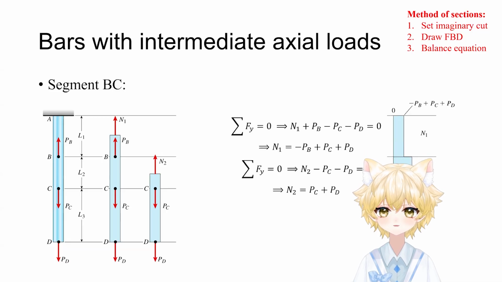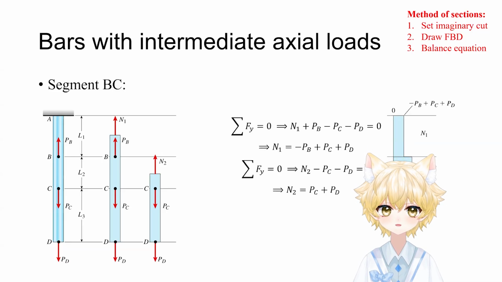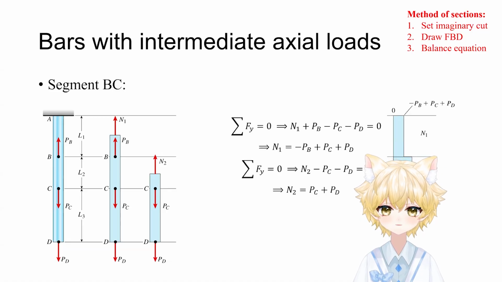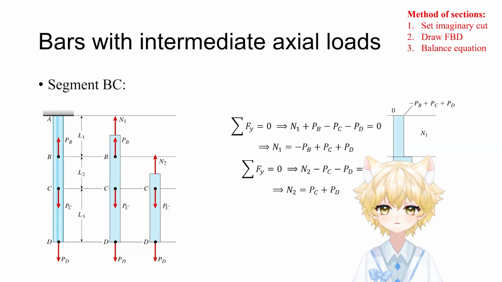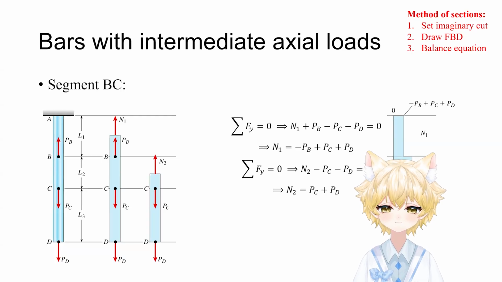We don't include it. Our free body diagram now only contains PC and PD, two external forces, right? Again, the equilibrium equation gives us N2 equals PC plus PD. It is still the sum of all the external forces in the opposite direction.